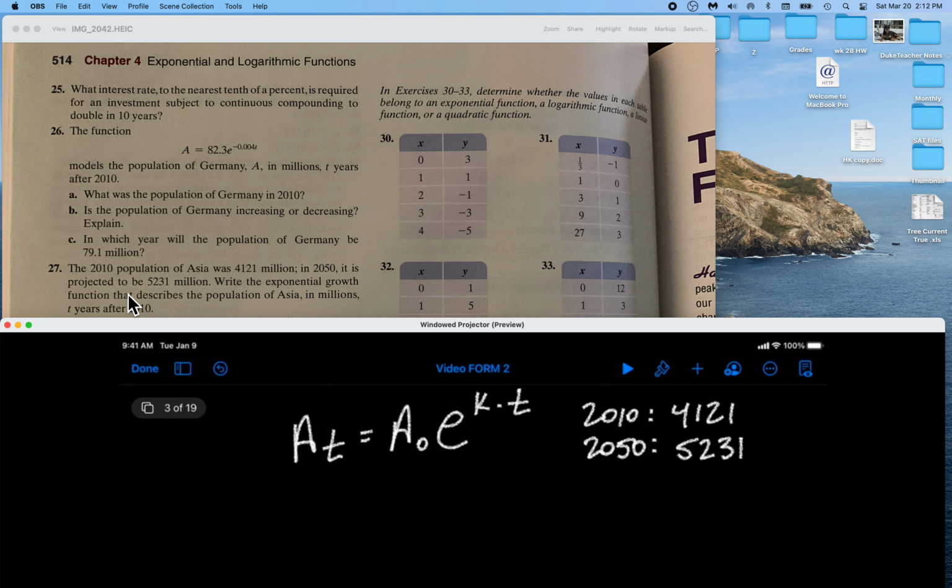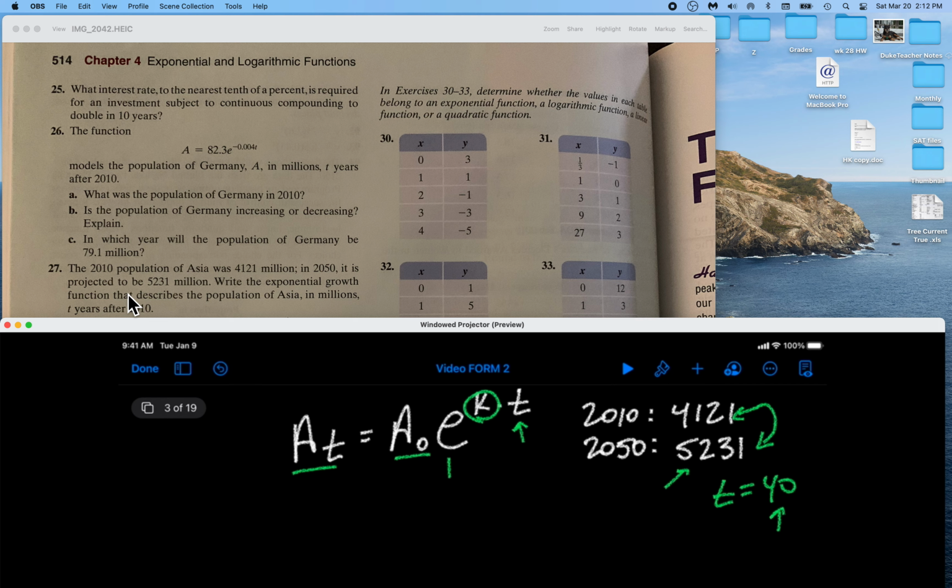Don't forget, there's more information here, namely that t equals 40. All right, so here is A of t, here's A sub 0, and here's t. Okay, so we have A sub 0, A of t, and t. e is a constant. That'll let us find k.